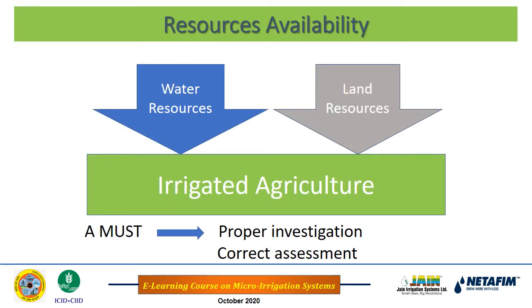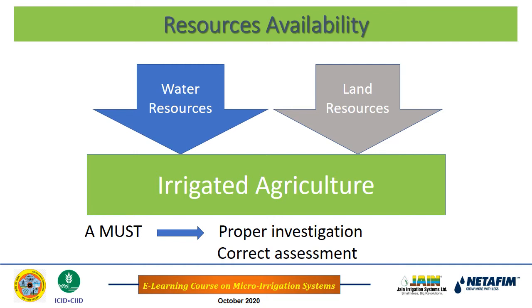Now resource availability: if we consider crops, there are two critical resources, water resources and land resources, and both of them put together result in irrigated agriculture.